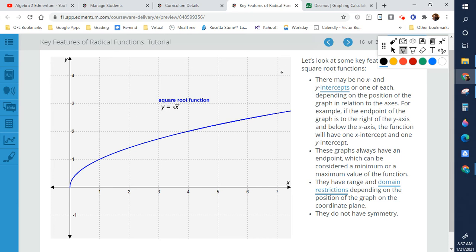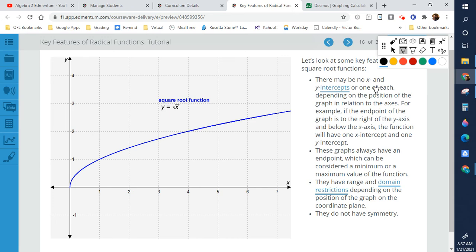Or if we move it to the left or to the right, that's why they're very careful in saying that they do have restrictions on it. You might not even have a y-intercept. Like if you move it to the right, you won't have a y-intercept.